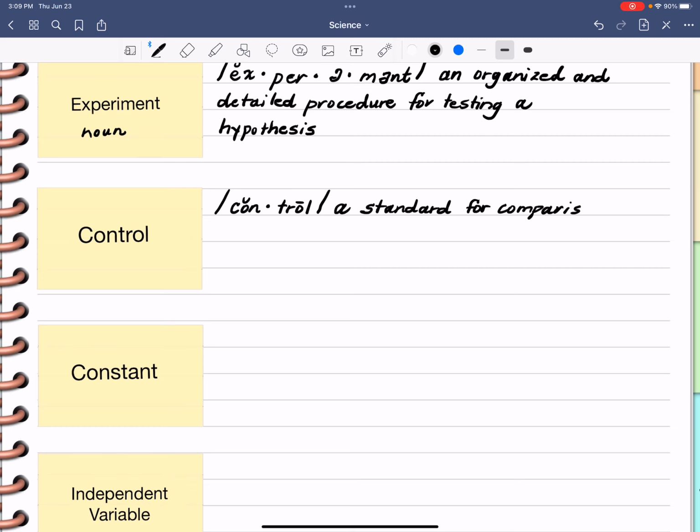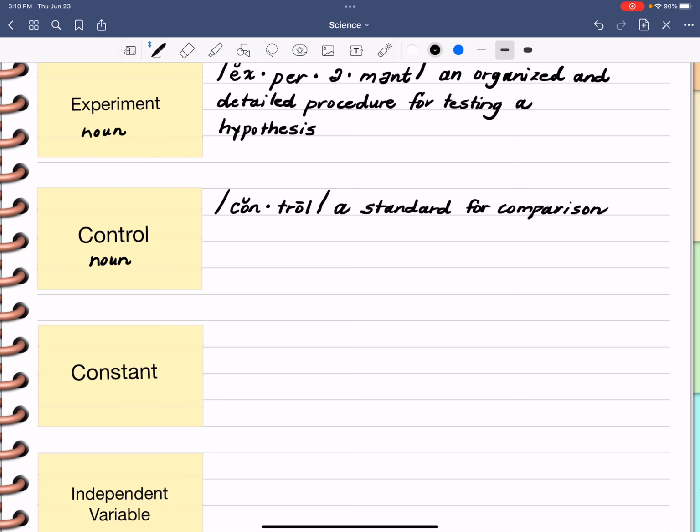If you control how much money you spend, that's something you do. But in this case, it's a noun. It starts with a standard. So this is a thing. And we'll talk more about this when we look at an actual experiment. But control is a standard for comparison. It's sort of the ideal scenario, and you're comparing things to that ideal situation.